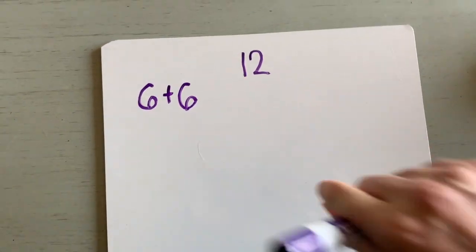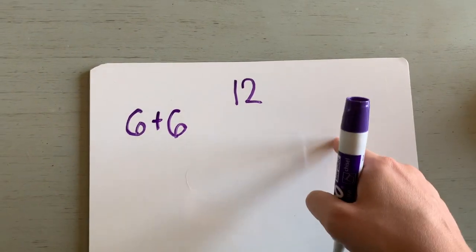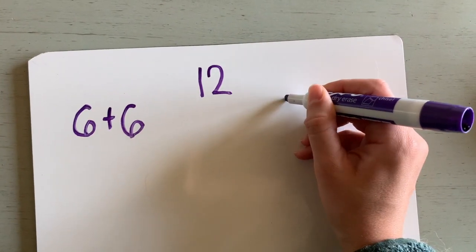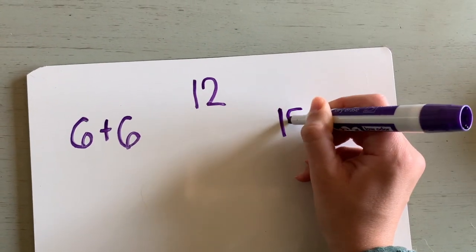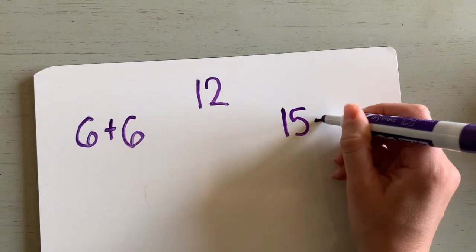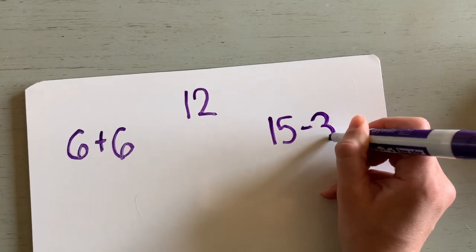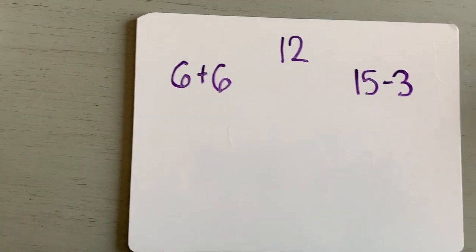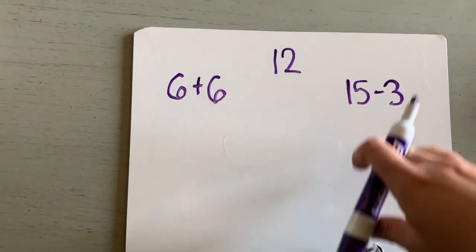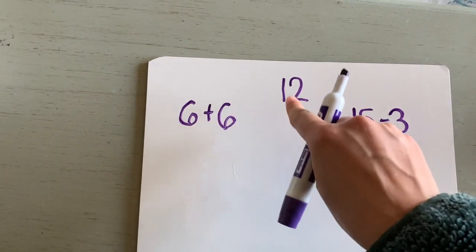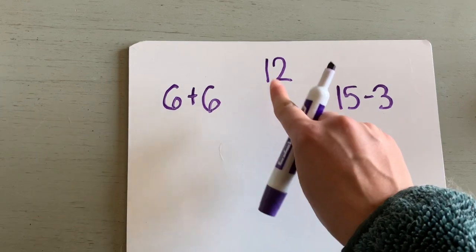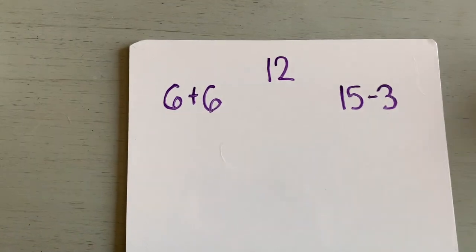You could also do a minus problem, a subtracting problem. You could do 15 minus 3. So what I want you to do is pause the video and think of as many ways to make 12 as you can. When you've done this, you can press play again and you can see which ones I thought of.